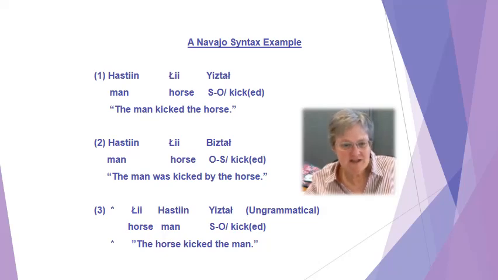So when they say Hastin kli bistal, the man was kicked by the horse, what they really mean is that the man let himself get kicked. He should have known better. Humans should have a higher intelligence, or what's called volition, control, the ability to control their actions and to anticipate the outcomes, than horses. It's not the horse's fault, it's the man's. Let's move on.